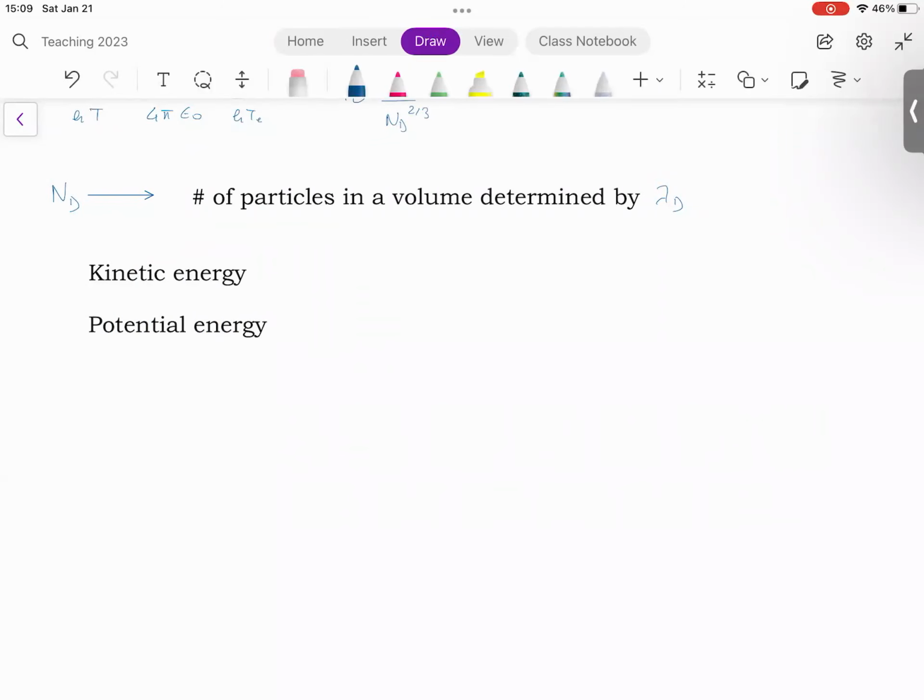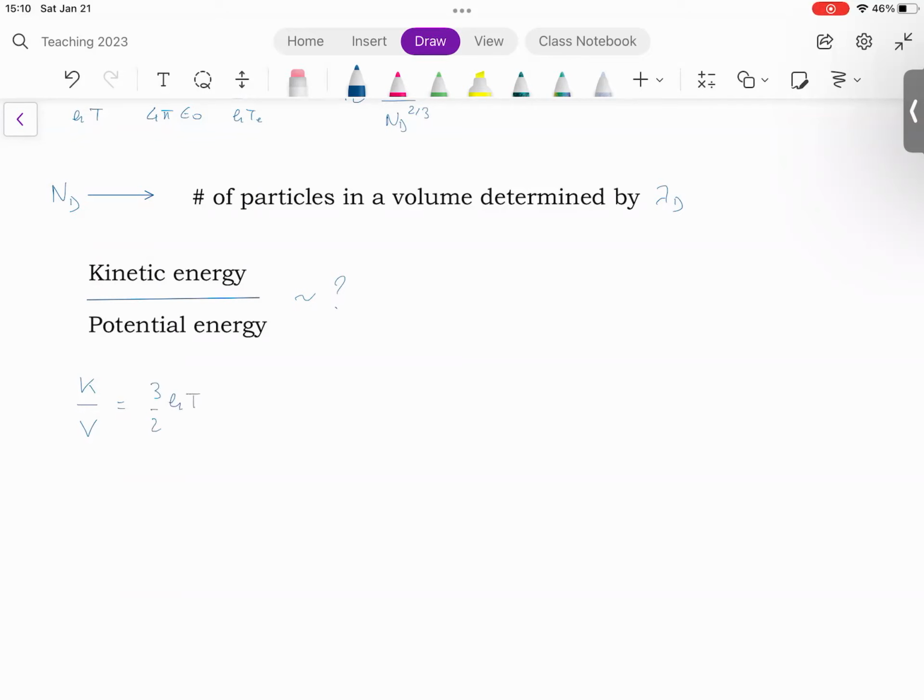Okay, so what's good to do with our plasma parameter? Well, you can see that reasonably easily. So let me write that as K over V, and let's write down the expressions for those two quantities.